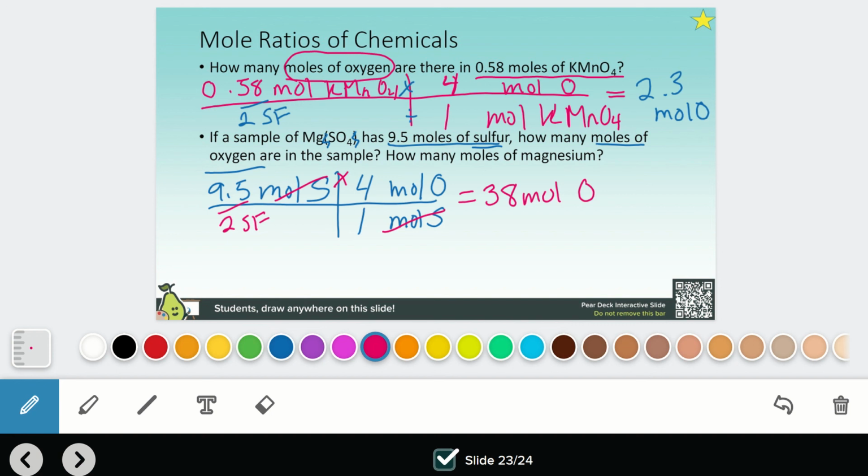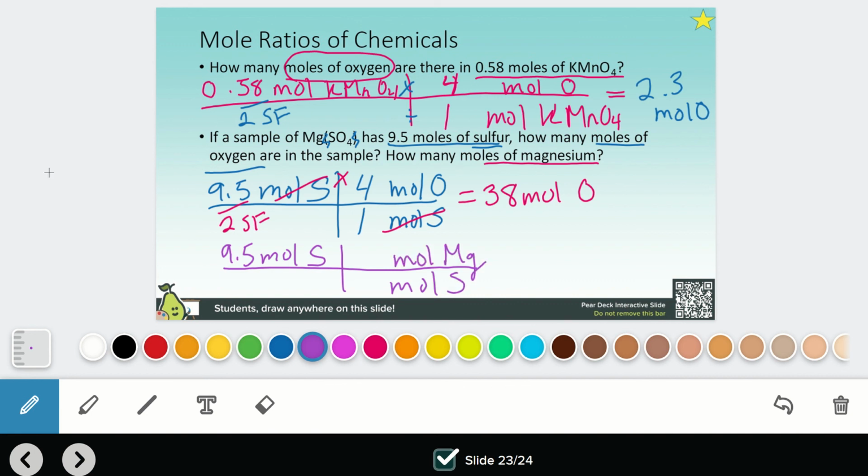Now the second part says how many moles of magnesium, right? So we want to do another problem. We're going to do a separate problem for that one. So again, we have 9.5 moles of sulfur. And we want moles of magnesium.